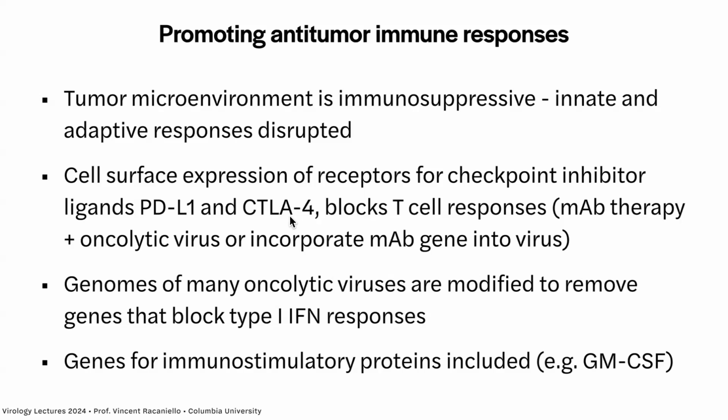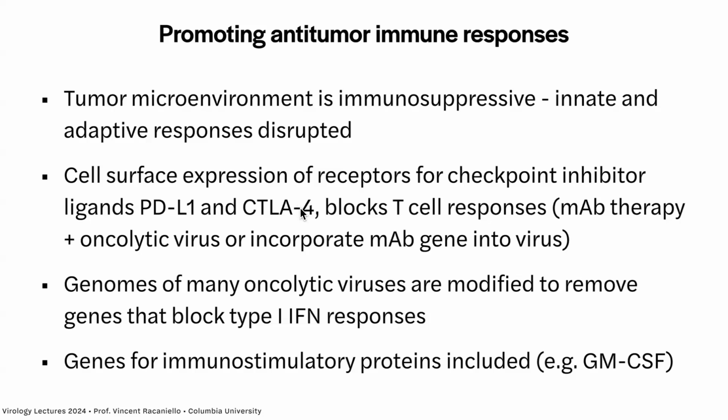So a tumor typically has excessive PD-L1 and CTLA4, not always, it depends on the tumor. And then when a cytotoxic T cell tries to kill the tumor cell, these block it. And that's the basis for monoclonal therapy against these receptors or their ligands. That helps get more effective tumor cell killing by the CTLs.